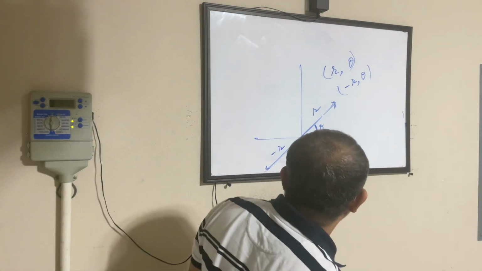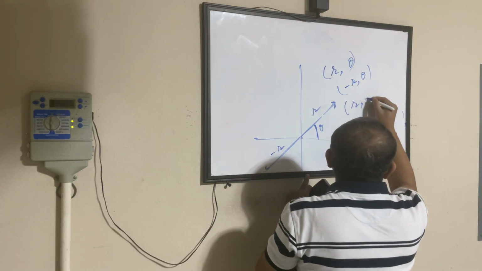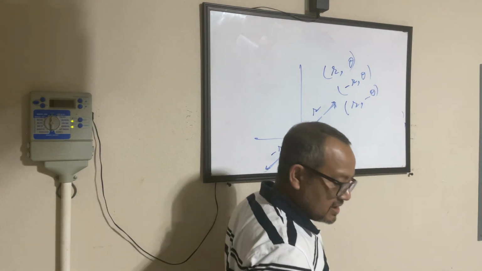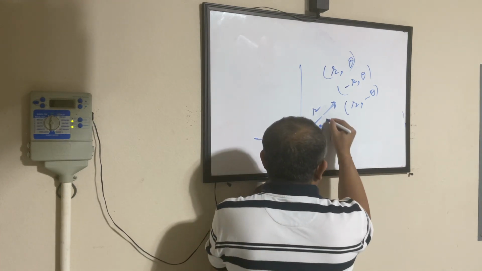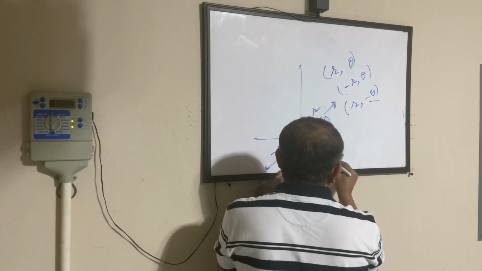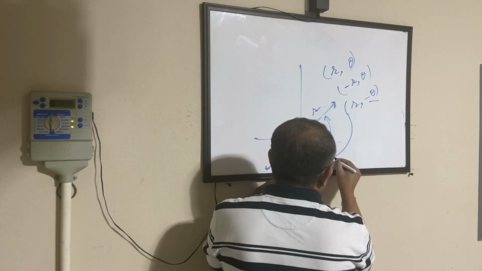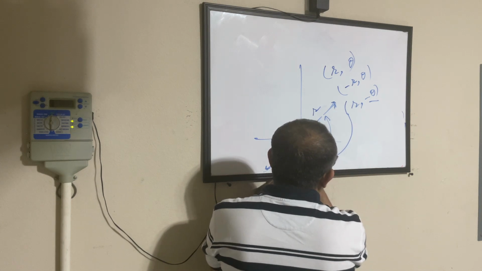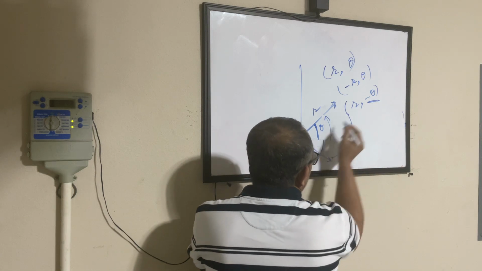Let's say if I talk about the second possibility, I say r but minus theta. Now you guys know that when we are measuring angle, we are always measuring in the anti-clockwise direction. Minus theta will go in this direction. So first thing you have to look at the angle, minus theta.